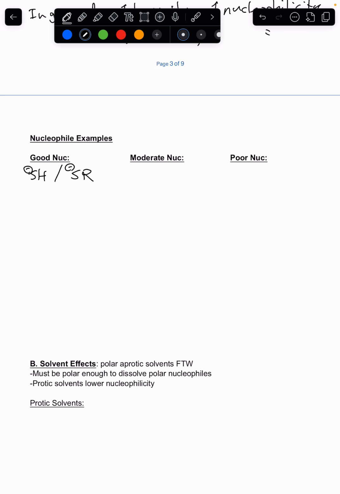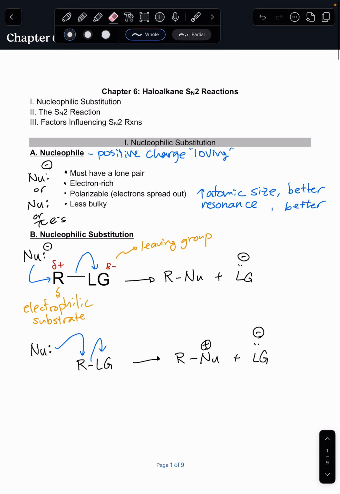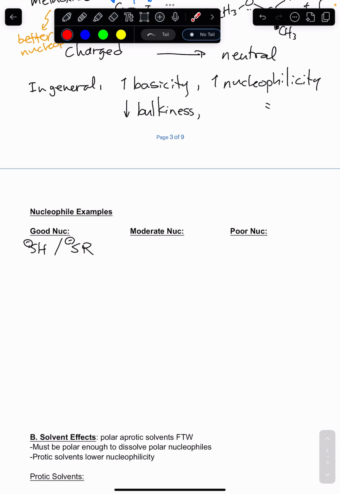Thiol is SH, remember, and once that becomes negatively charged, it's not only electron rich, so it's good for nucleophilicity, but bigger atoms, like we talked about, tend to make the nucleophile more polarizable, and so for that reason it becomes more nucleophilic. These sulfur nucleophiles are excellent nucleophiles.